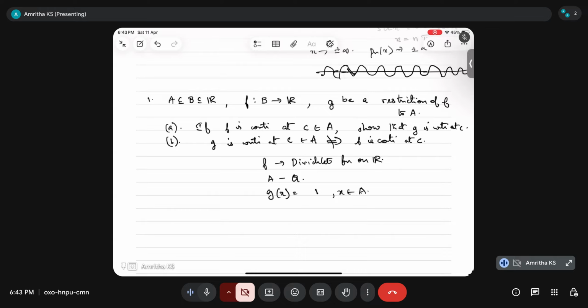Because here it is just the constant function, but f is not continuous.